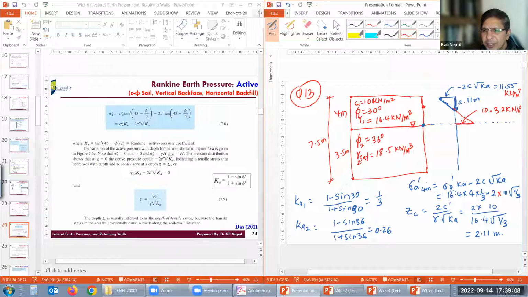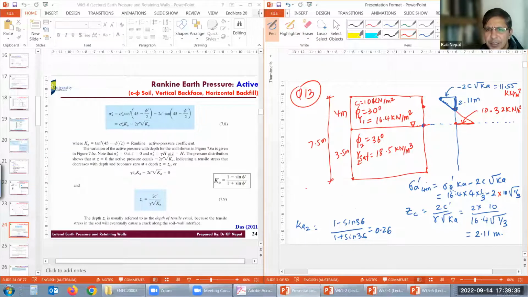How about just below the layer? Just below, there will be no c part, so the pressure will be different. Remember this value, all right? I want to calculate the K value, but in your solution you need to have all the stepwise calculations. Can I do the pressure at the bottom here?